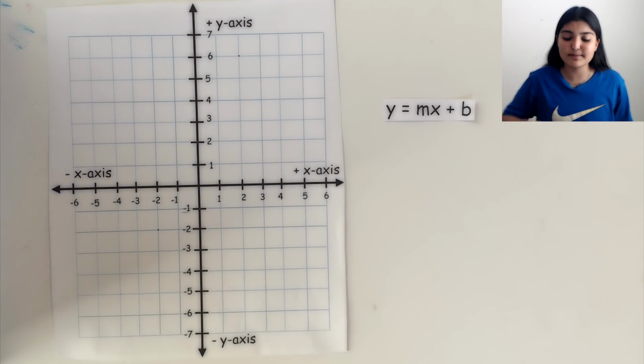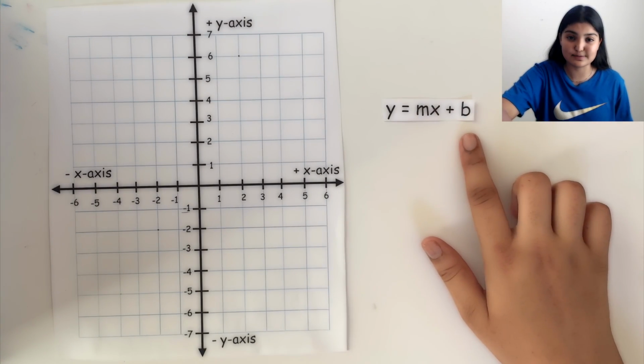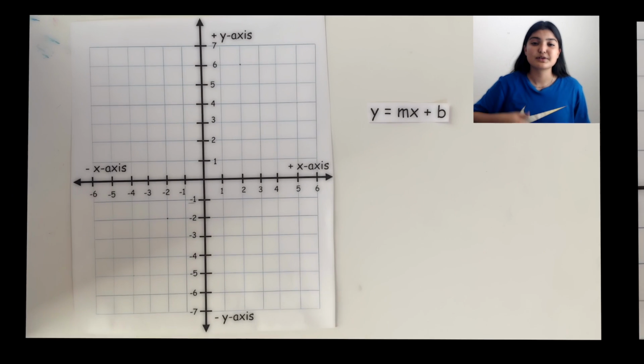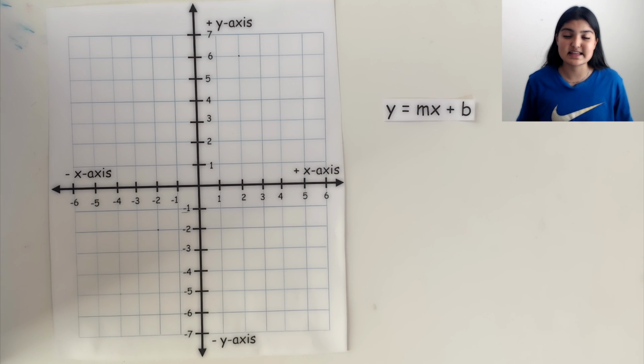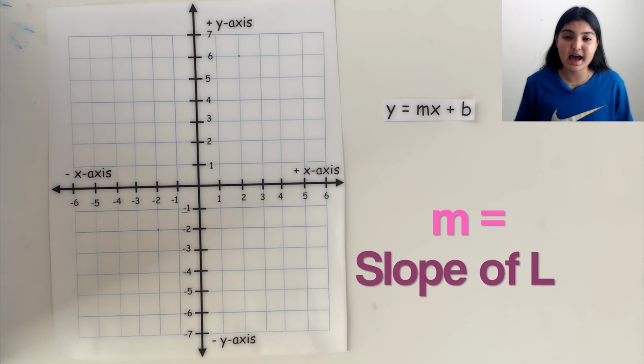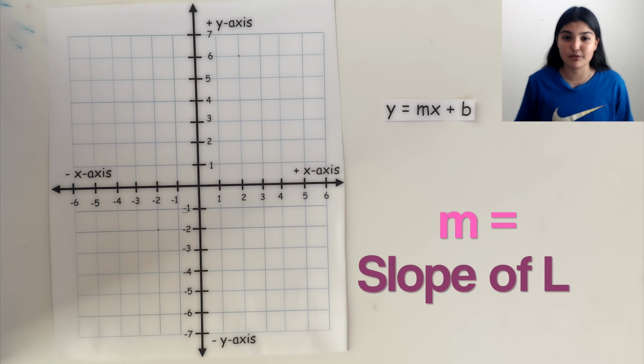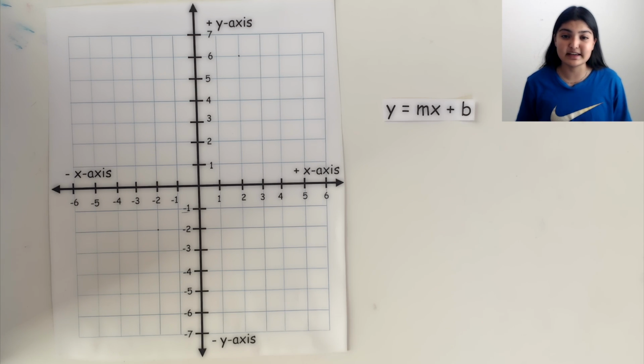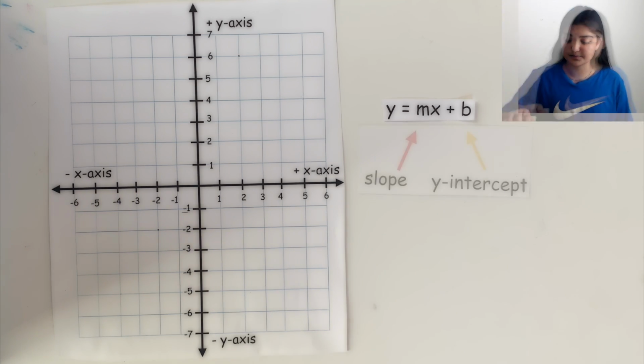But what about M and B? Well, as we looked at in the last video, M refers to the slope, and B refers to the y-intercept, or where the line intersects the y-axis.